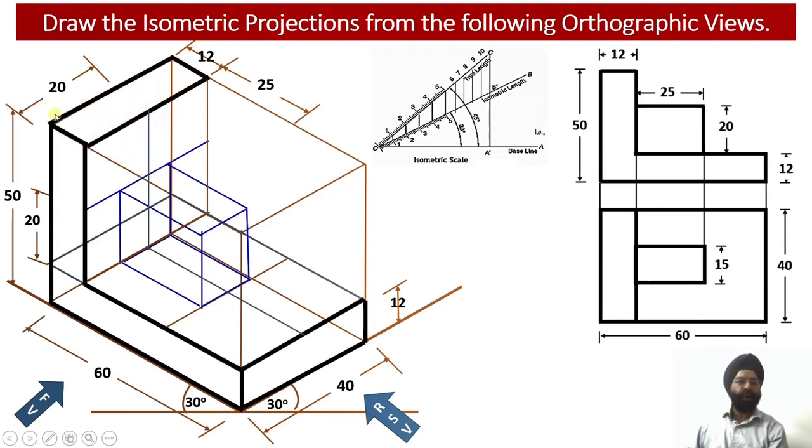Similarly, the top portion, so this rectangular portion of the solid, is visible to the observer. We can check this rectangular portion, it is visible to the observer in the top view. So since this is visible, this has been darkened in the isometric projection. Now let us focus upon this rectangular web. So whatever elements of this rectangular web are visible, we have darkened those edges over here.